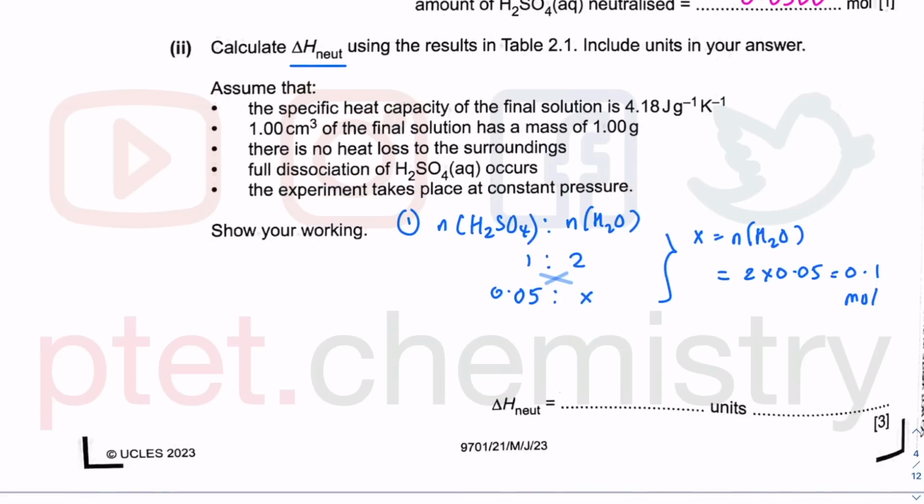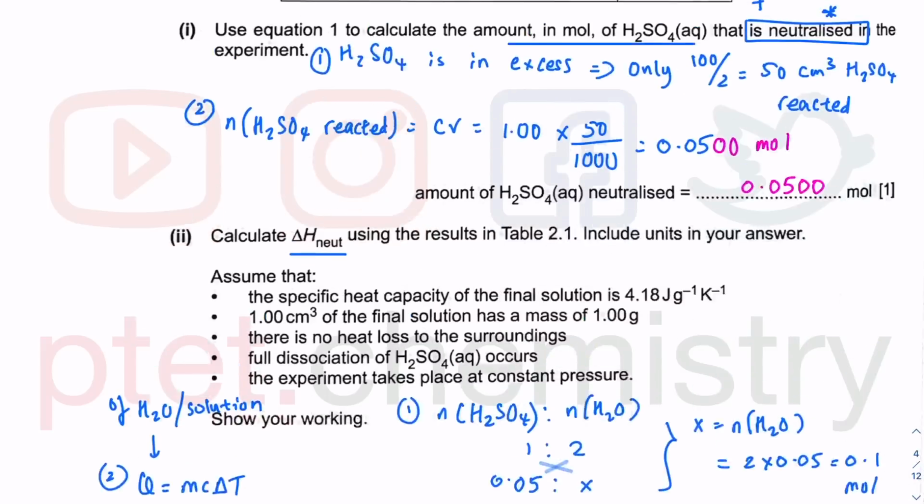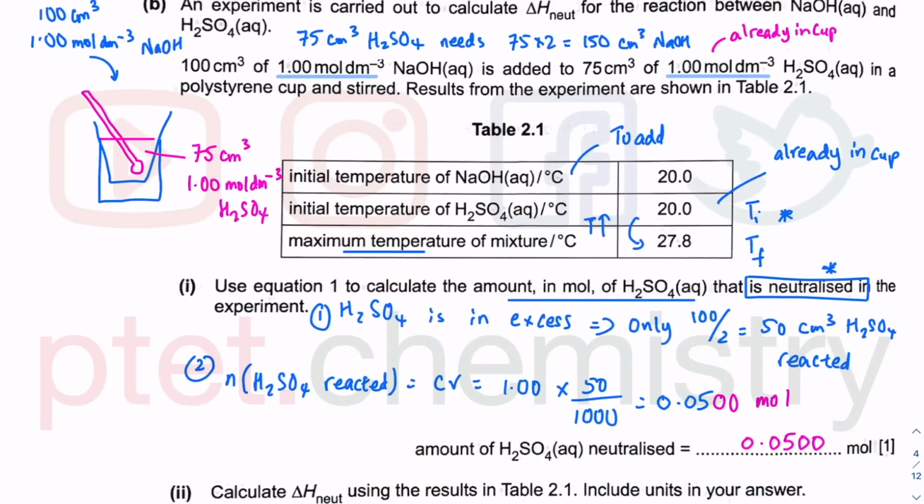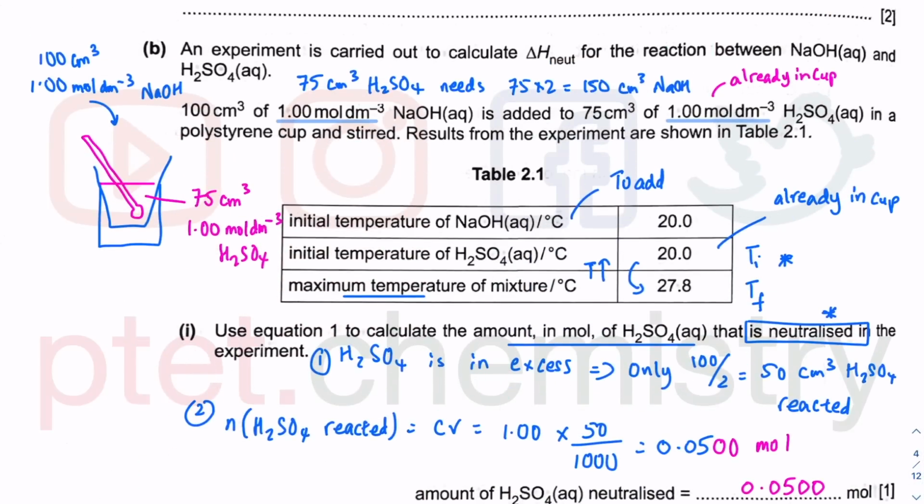And the second part would be calculating Q equal to mc delta T, where this is of the water of the solution. We need to be very careful about this experiment. We are adding 100 cm cube to 75 cm cube, so altogether there is a total volume of solution.